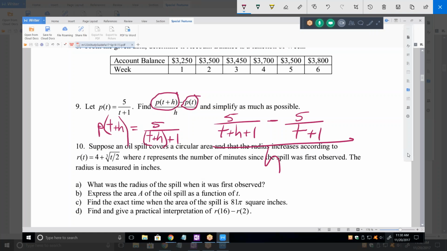Now, what's my next step towards simplification? Whenever you have a fraction in the numerator, especially if you have two fractions, solve the numerator first. Forget the h in the denominator for the moment. How do I perform this operation?